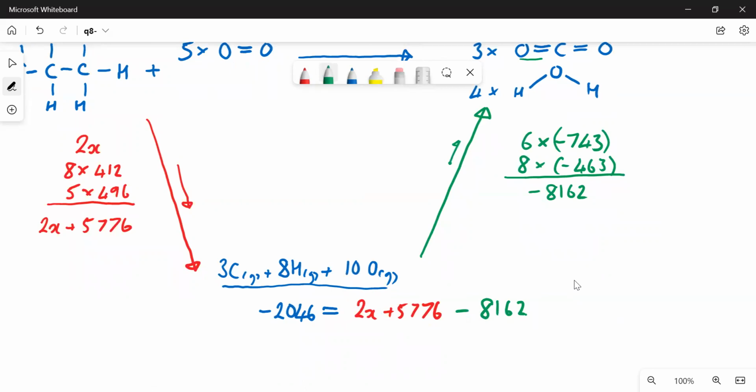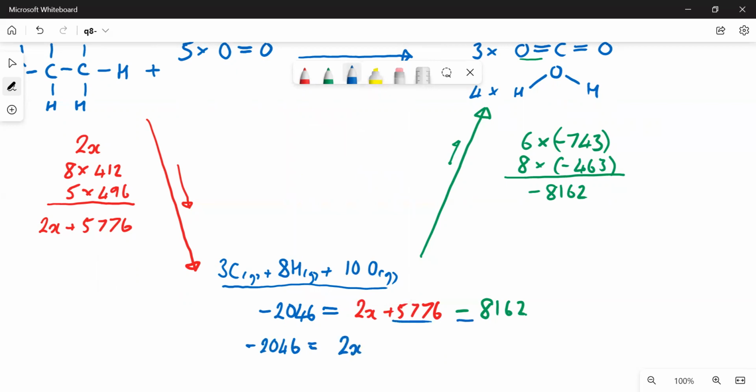So we're going to get 2X is equal to minus 2046 plus, all right, this works out. So let's do it in 2 steps. If we simplify that, we get minus 2046 is equal to 2X.